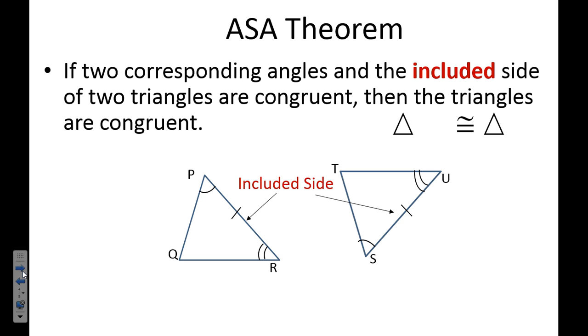So here's your angle side angle theorem. Angle side angle says that if two corresponding angles and the included side of two triangles are congruent, then the triangles are congruent.